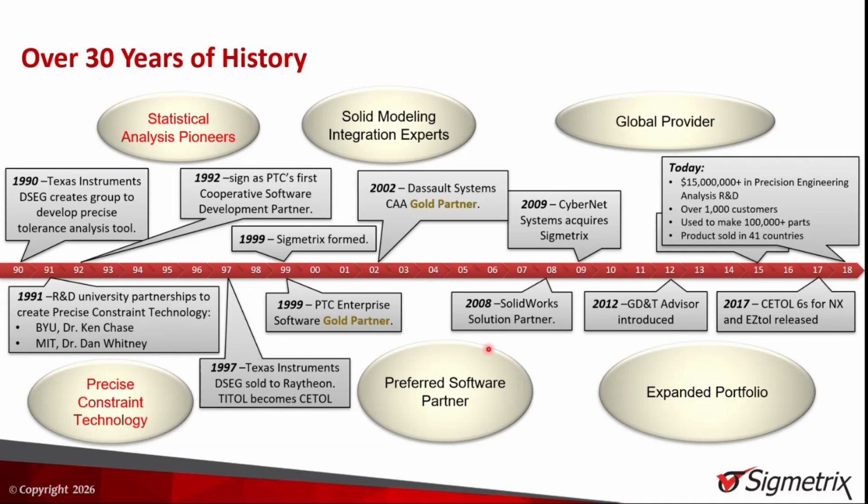So CETOL is able to work in SolidWorks and CATIA as well. Coming to today, we also work with Siemens, so those who are using Siemens can also use CETOL in their environment.